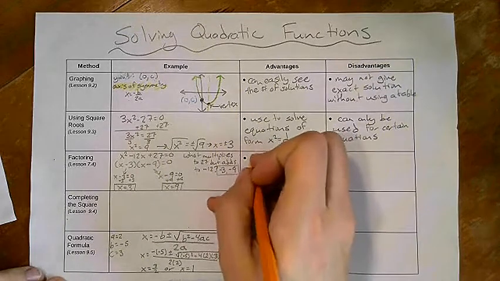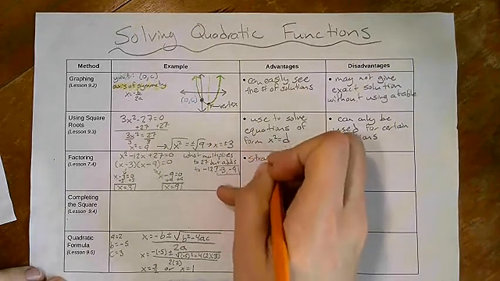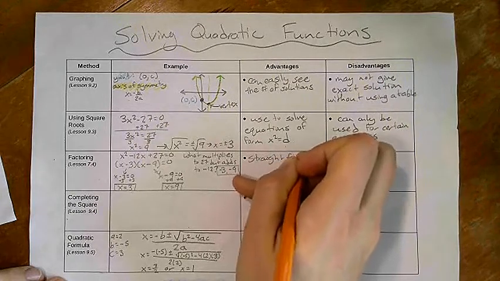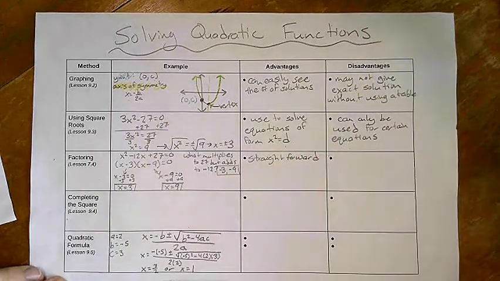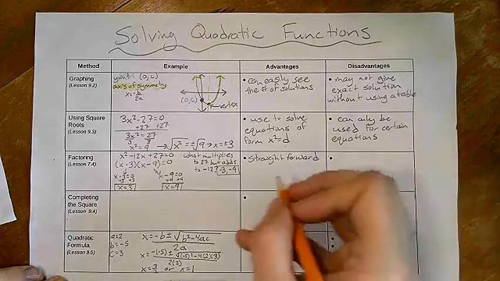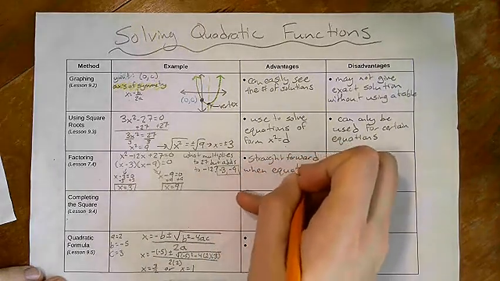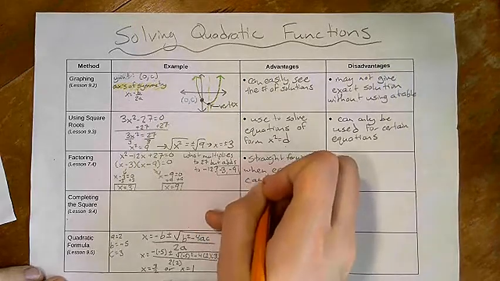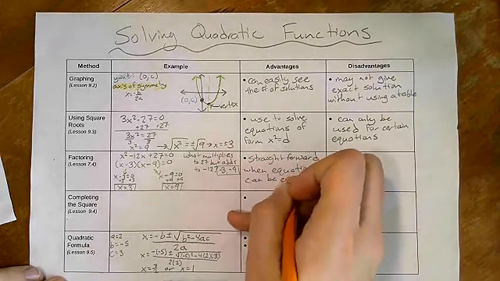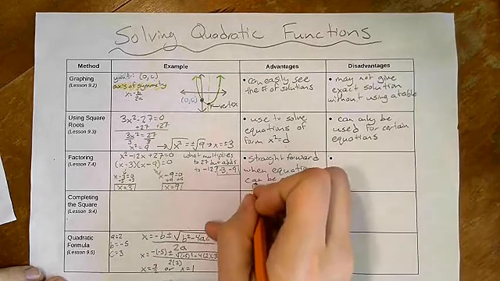Factoring is the next one. Factoring is really straightforward. We've been doing it for a while now. We've spent an entire unit learning how to factor. It's really straightforward when the equation can be easily factored.